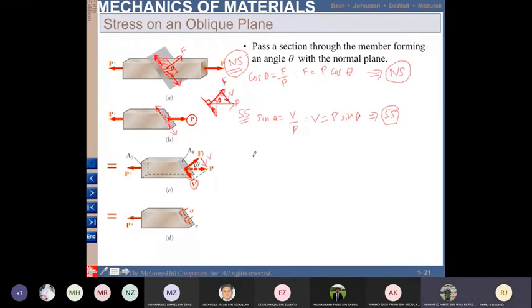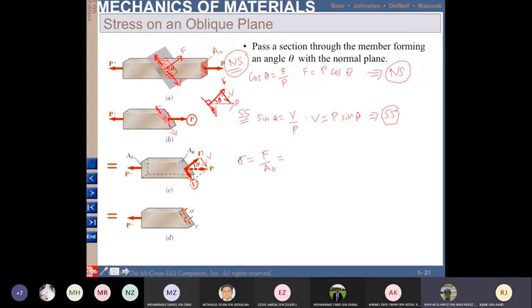So in the normal case, if it is not tilted, the equation for the normal stress is stress equal to F over A, in which this A is A original.